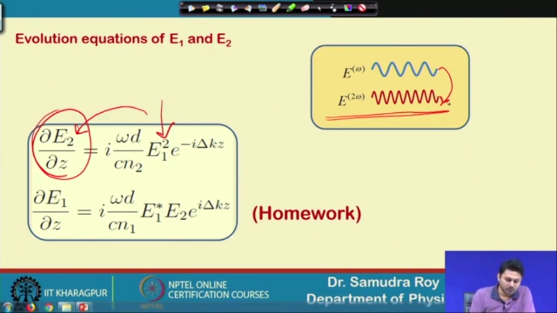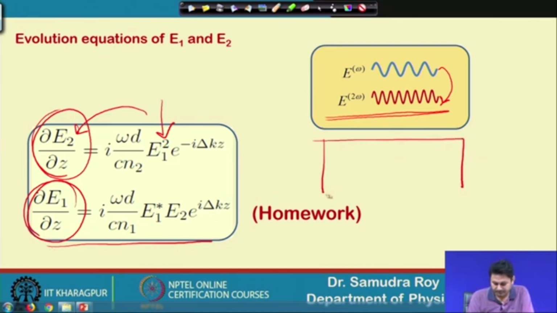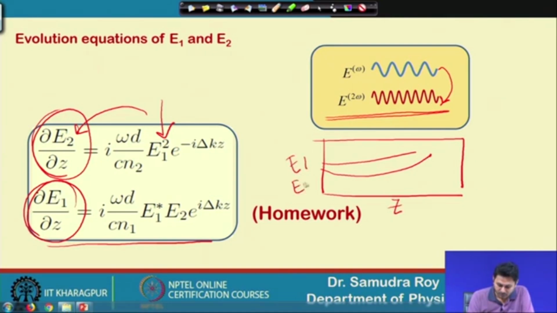Also we have another expression in our hand, where we can see the evolution of E1. That means, if this is my system, E1 will evolve in some way, and E2 will also evolve in some way. We need to find out. This is over Z, this is E1 or E2, but from these coupled equations it is very difficult to say, because we need to solve this carefully, how E1 and E2, both functions of Z, are going to evolve.